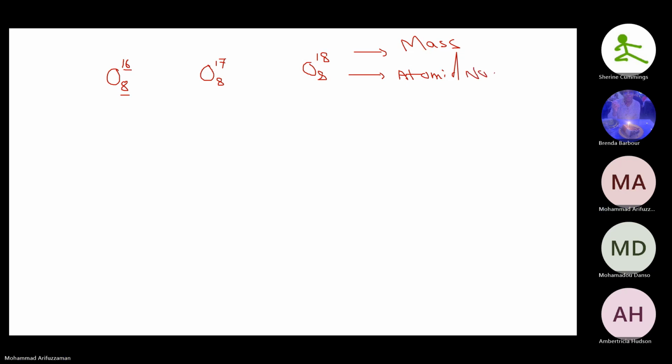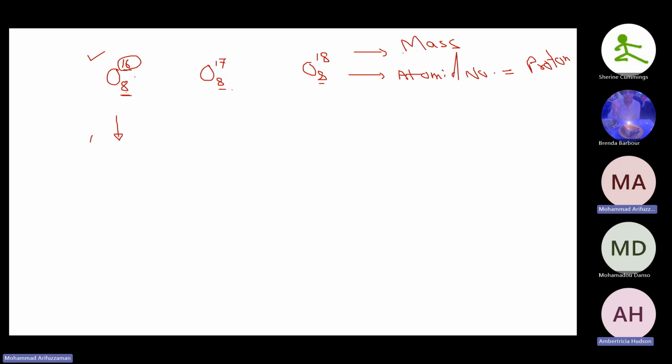Atomic number means the number of protons, right? So in oxygen, the number of protons is 8. You can see the same atomic number, and the top number represents the atomic mass. So can you calculate the number of neutrons here?